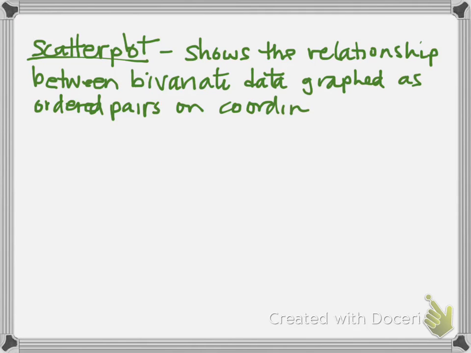Now, so far, all of the scatter plots that we've dealt with deal with two positive things. I'm not sure I've seen a scatter plot with the negative things, so chances are we're only going to be looking at the first quadrant of the coordinate plane.